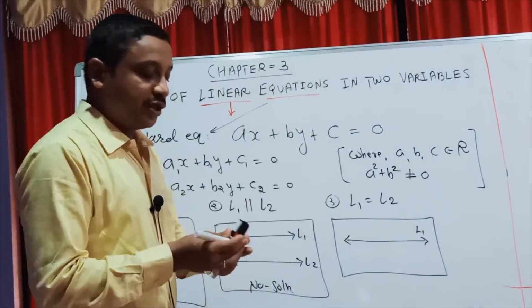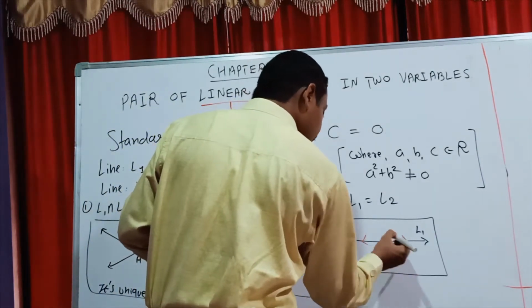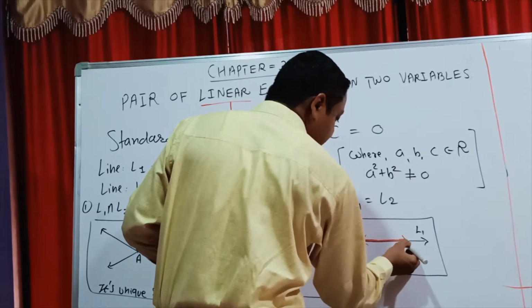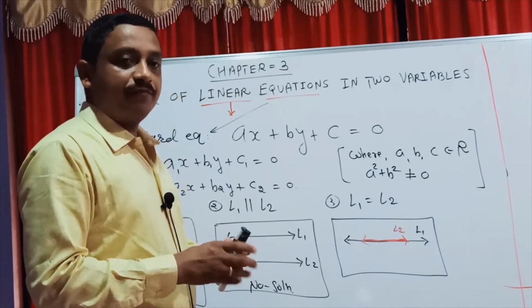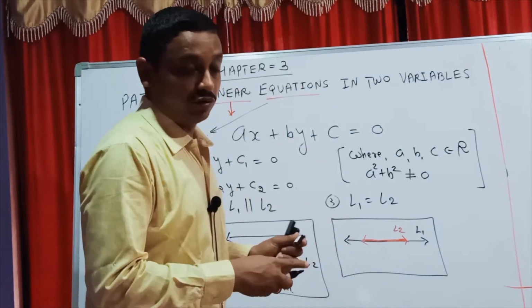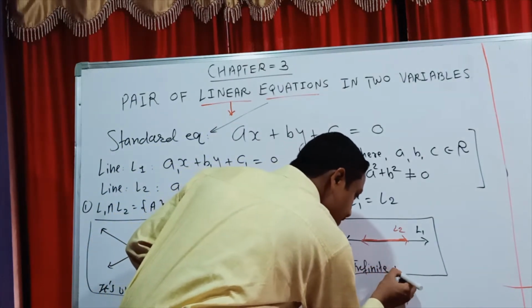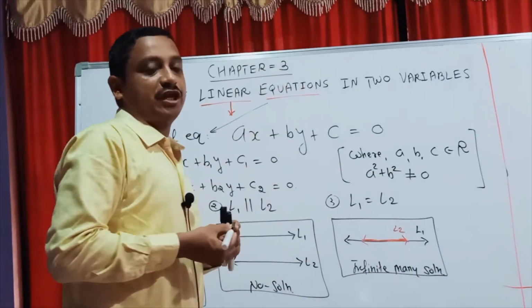Overlapping means they are coincident. This line is L1 and this line is L2. In this overlapping case, there are infinitely many solutions available.